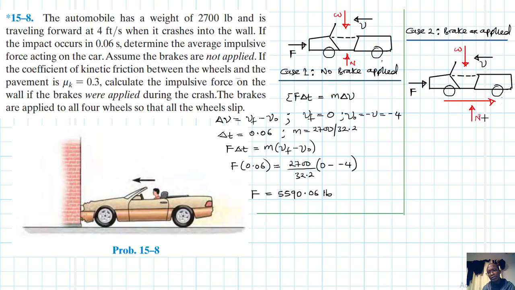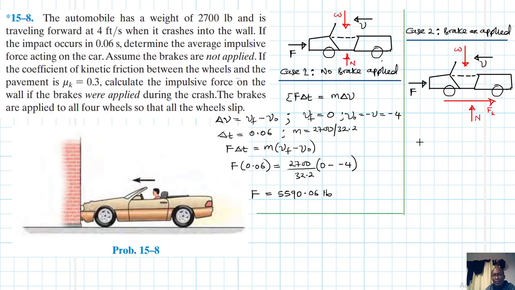So this is the normal force, and then this is kinetic friction. So what do we have from this equation? Of course, this is the direction of our force, so that is our reference.